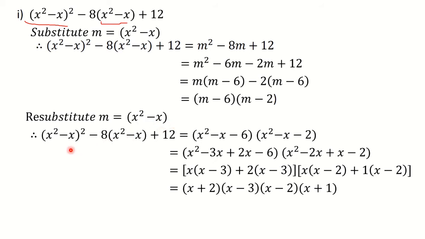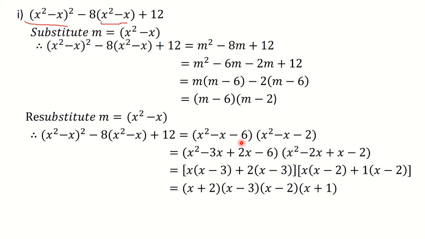Okay. So again now, the original question I have written, and in place of m you can see I have written x square minus x, at both the places. Now again I got two quadratic polynomials. So again I have to see, can I split it? Can I factorize it? Here this is 1 and this is minus 6.